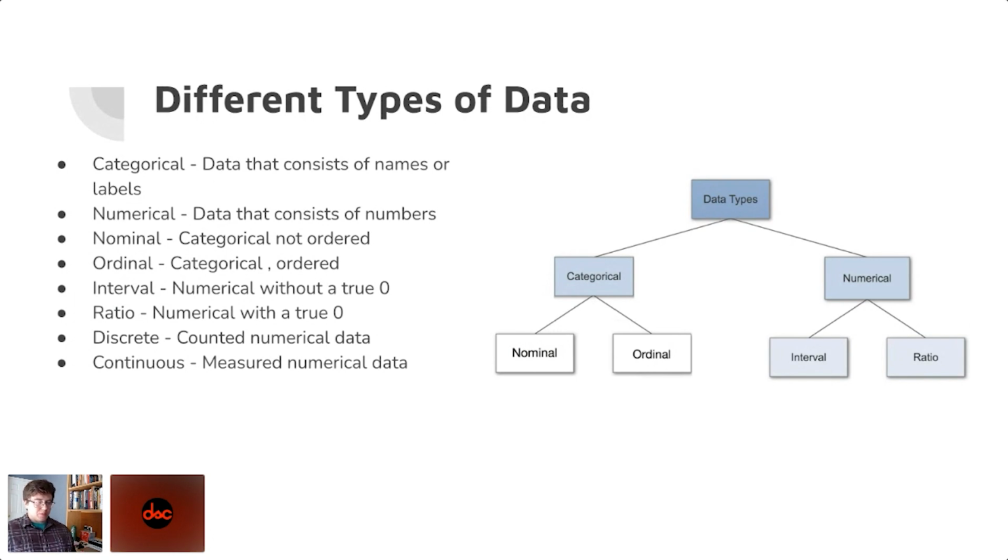Splitting these into further categories, you have nominal and ordinal versions of categorical features. The nominal category is considered not ordered. These can be students' names or subjects.